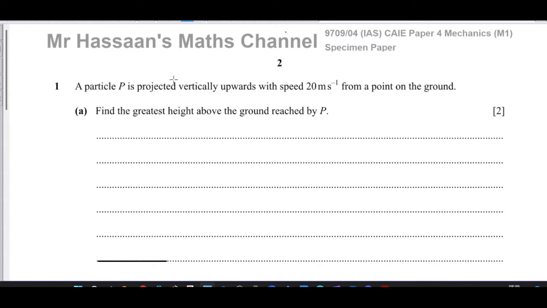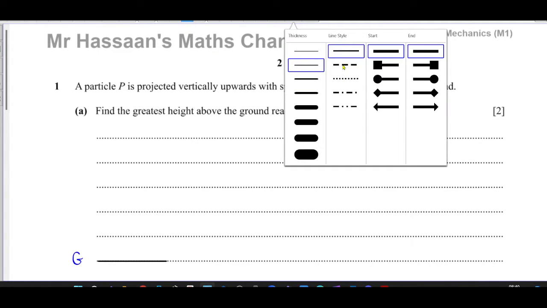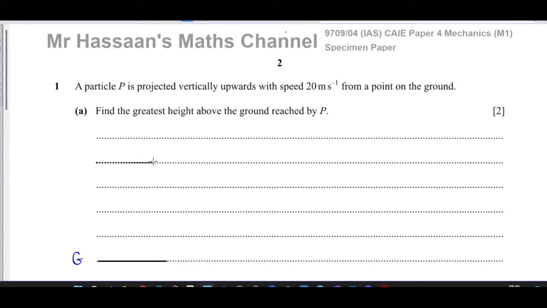I'm going to take this as the ground level, and I'm going to call this G. And it's going to get to a level, the highest point that it's going to reach, and I'm going to call that level up here H. So that's the level H. Now, from the ground, it's projected upwards with a speed of 20 meters per second. We've got to find the greatest height above the ground that it reaches.